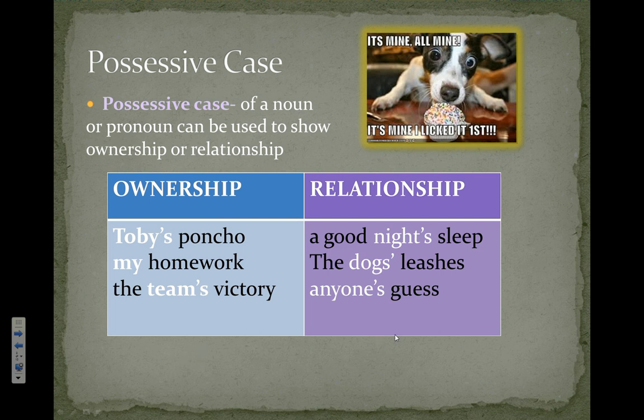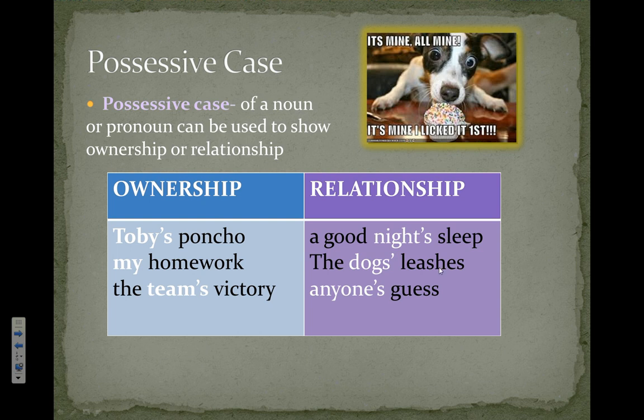They can also show a relationship, which is similar to ownership, but not 100% the same. So, for example, the expression, I had a good night's sleep. The night doesn't actually possess sleep, but you're using the apostrophe or the possessive case to show the relationship between those two words.